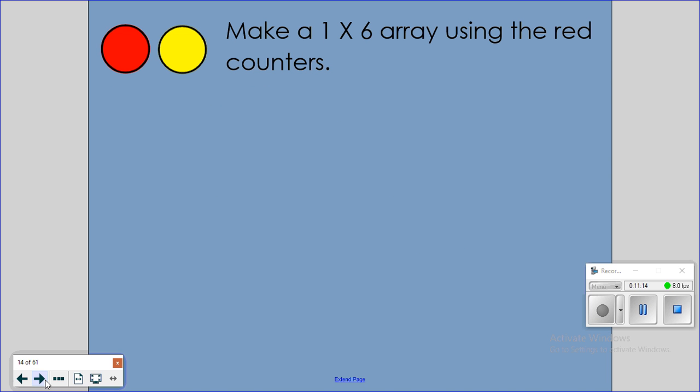All right, I want you to move your notebook back down to the parchment piece. And with your red counter, I want you to make a 1 by 6 array. Think about what that might look like.